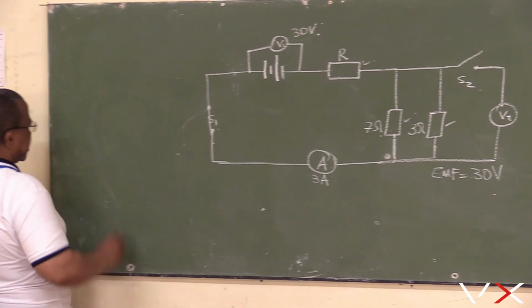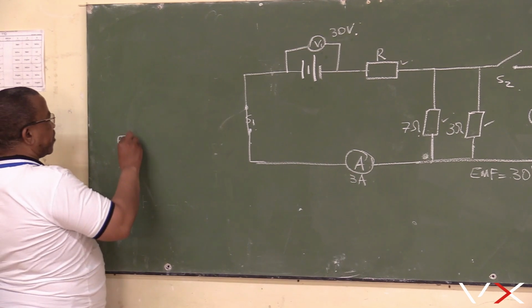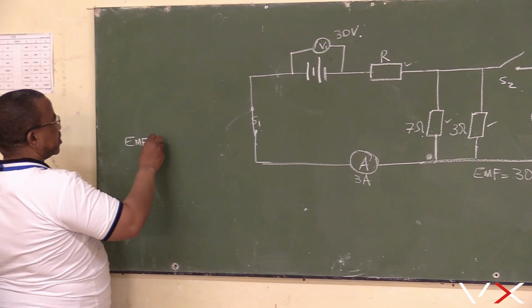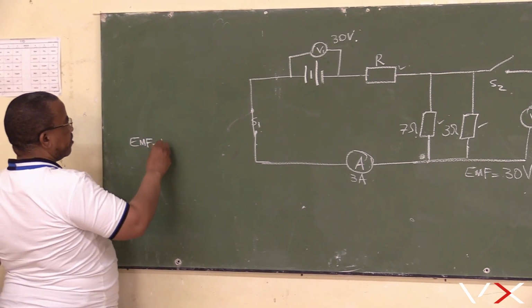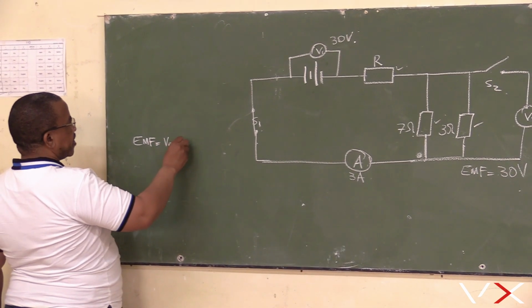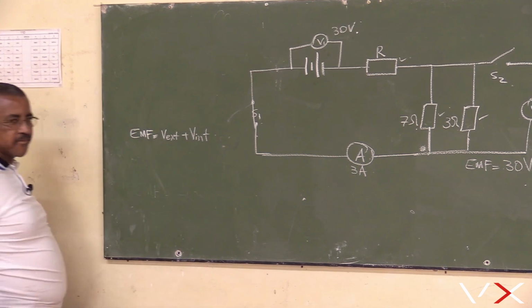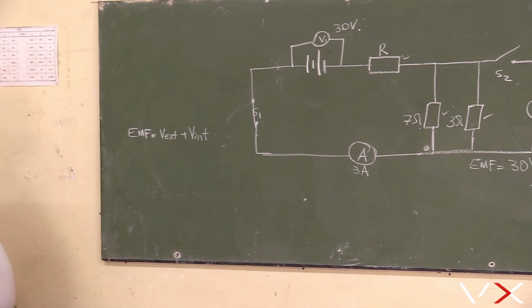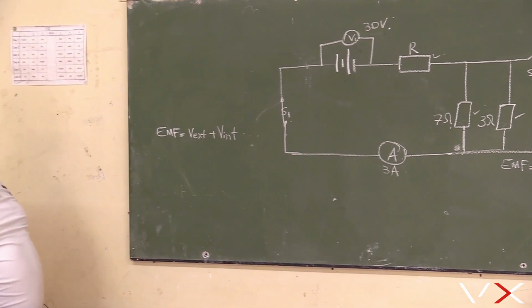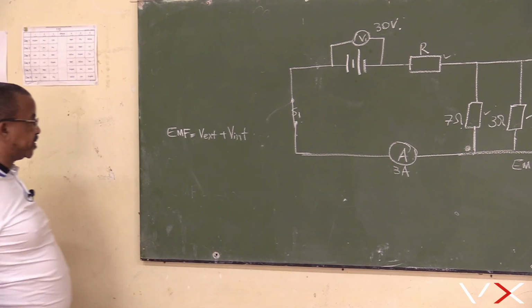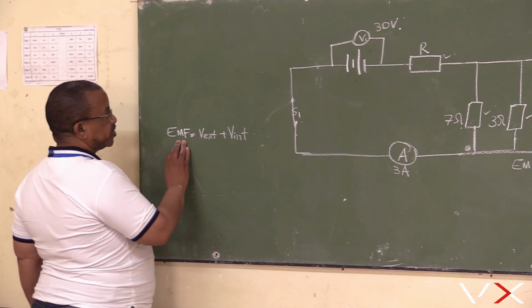Manikhumbula kahle ngitheni na, sithe EMF is equals to V external plus V internal. Okay. Now, sifuna internal resistance of the battery. Ingakanani EMF yethu?